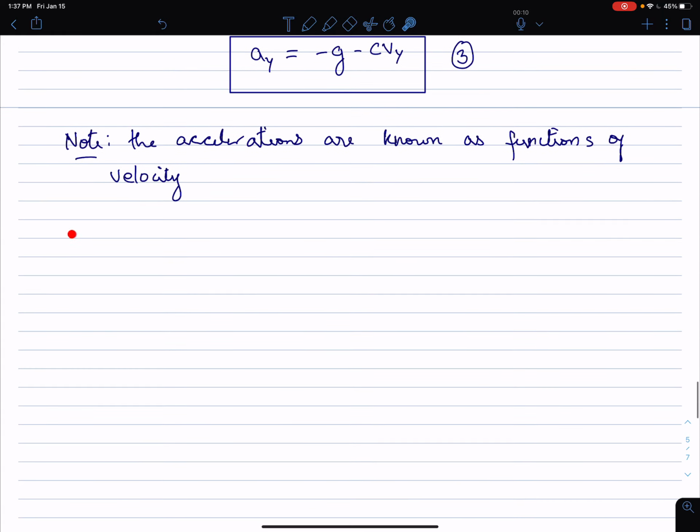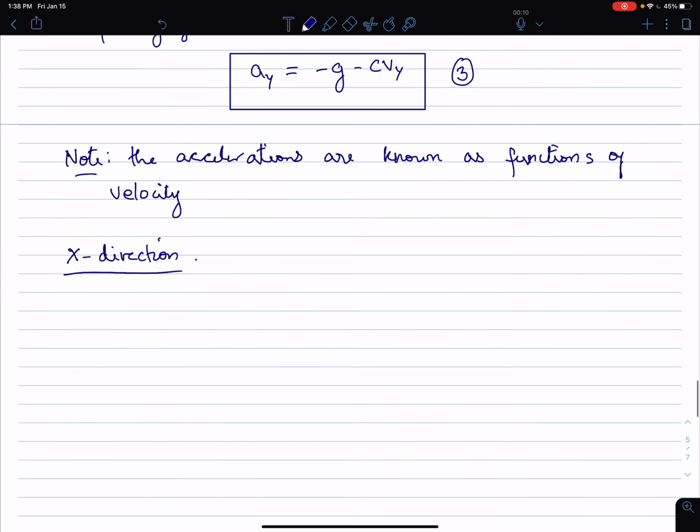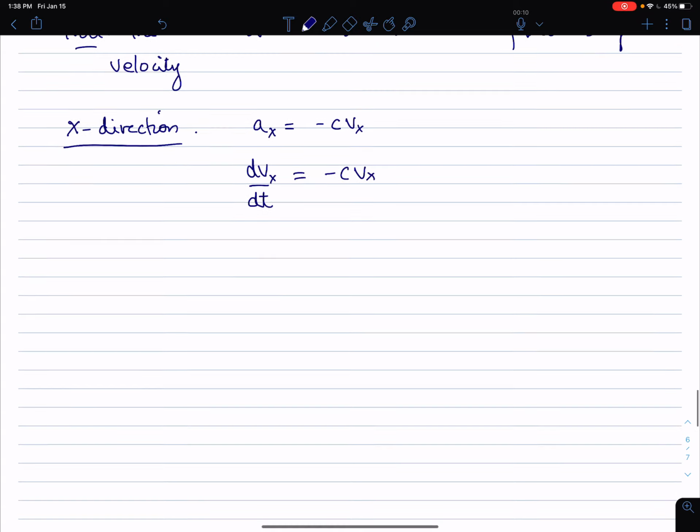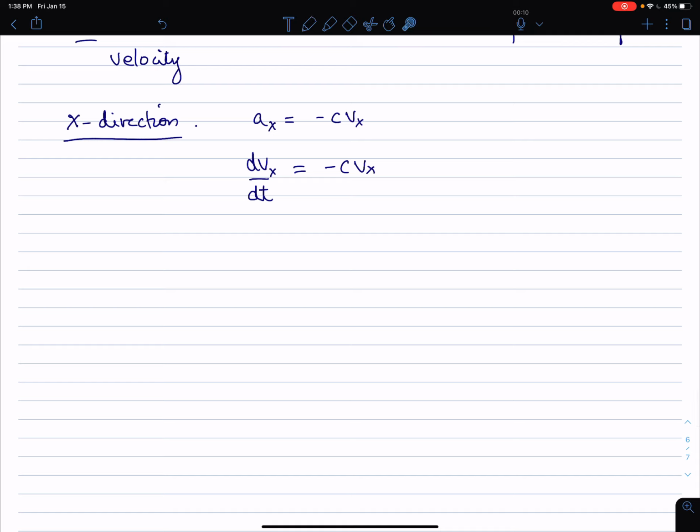So let's do that. Let's do the x direction analysis, and we have, just to recap, ax equals minus c vx. ax is of course dvx by dt. I'm just recapping what we did last lecture. There's v here, there's t here, there's v here.